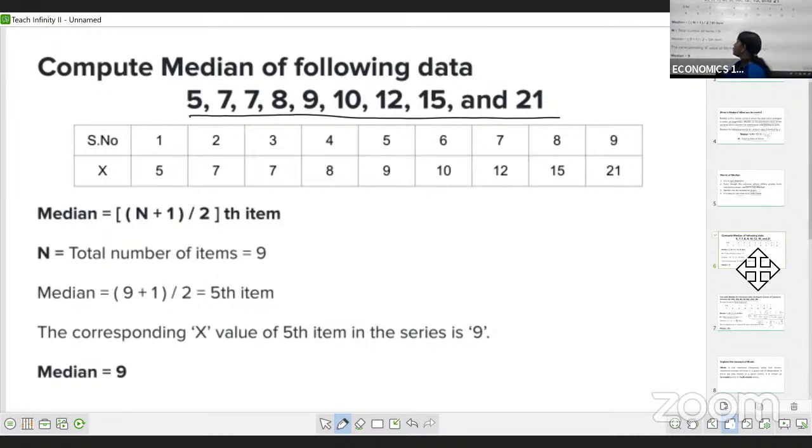Okay. Now, go with this. Again, number them: 1 for 5. How many numbers are there? Check it now: 1, 2, 3, 4, 5, 6, 7, 8, 9.